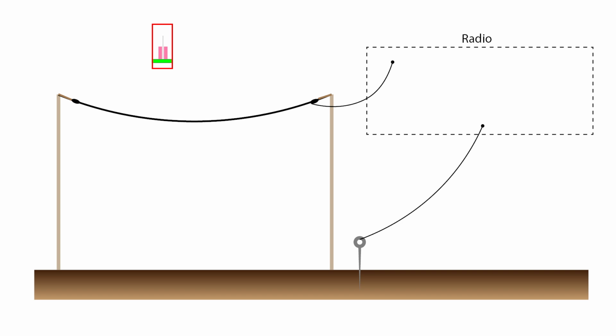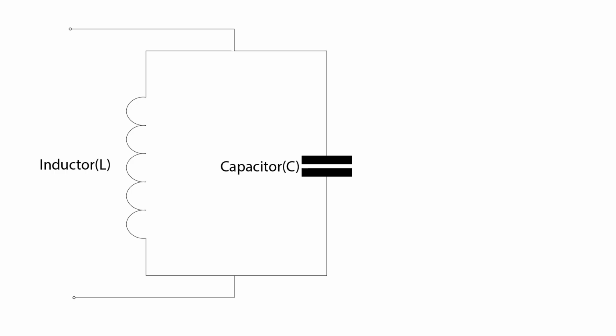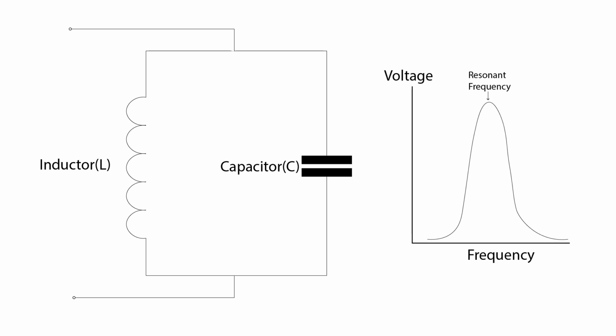Well, fortunately, we can use something called an LC circuit, which has an inductor, that's the L part, and a capacitor, that's the C part. And depending on the values of each of these components, this circuit will resonate with a small band of frequencies and will attenuate frequencies outside this band.